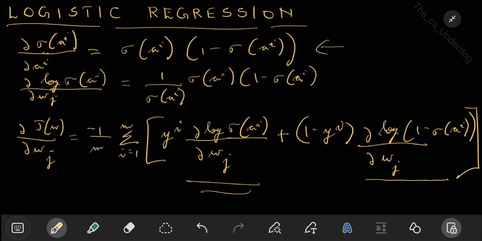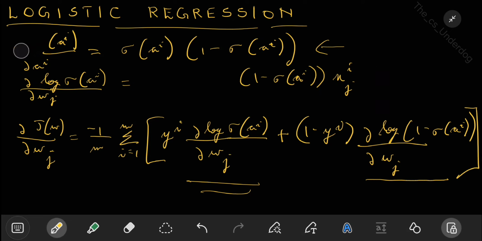The next thing is the derivative of ai with respect to Wj. There is only one x term which corresponds to Wj, which is xji. So here the sigma ai terms cancel out, and what remains is 1 minus sigma ai into xji.